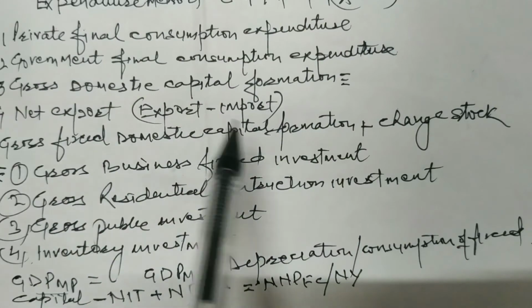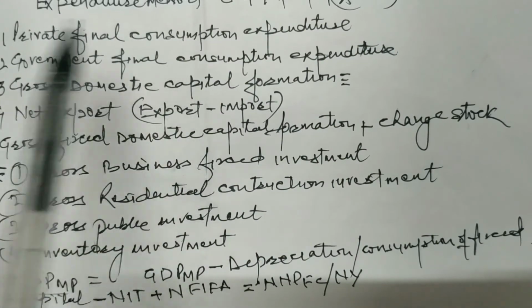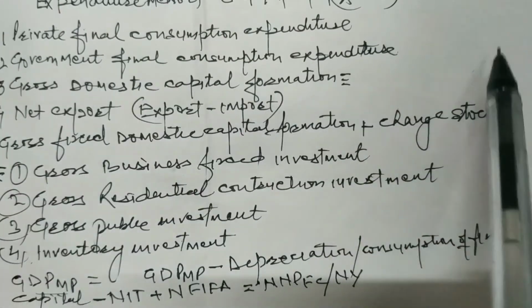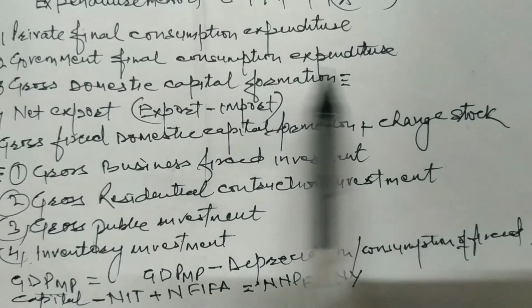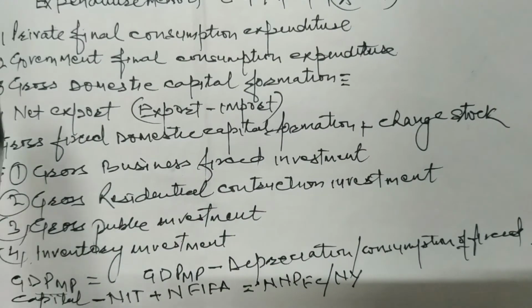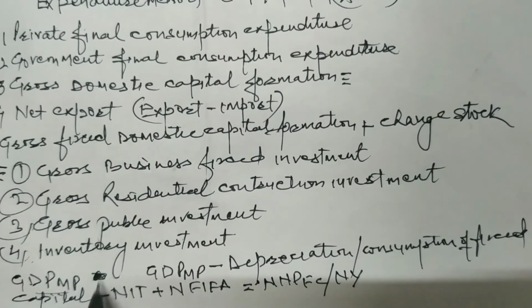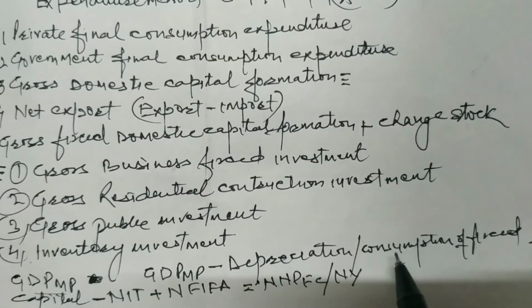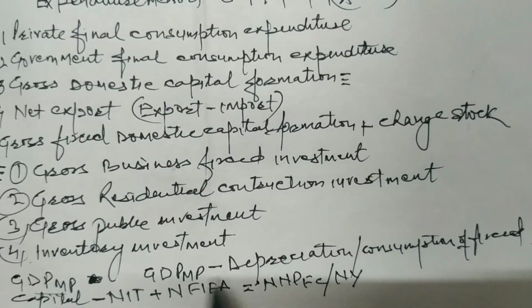So in expenditure method, we should have these values: private final consumption expenditure, government final consumption expenditure, gross domestic capital formation, net export. When we add these components together, we will have GDP at market price. Now from this GDP at market price, if we deduct depreciation, or consumption of fixed capital, we will have NDP at market price.